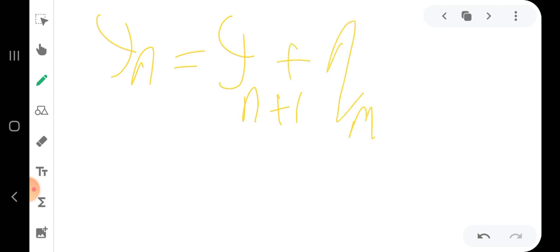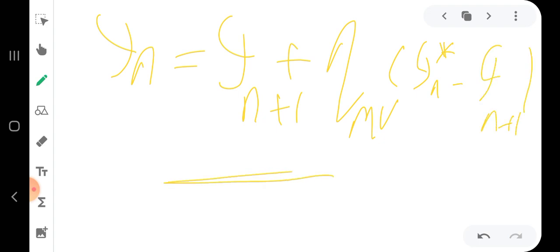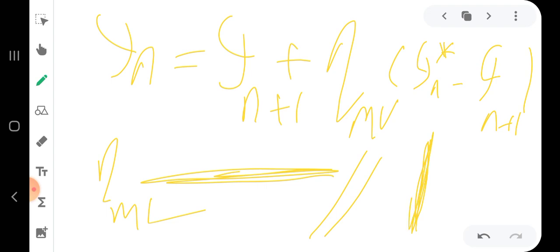The equation is that the actual y in stage number n is equal to y in stage n plus 1, plus the Murphree efficiency of the vapor, times yn star minus yn plus 1. It is the same idea, but instead of moving horizontally as in the Murphree liquid efficiency, here we're going to move vertically.